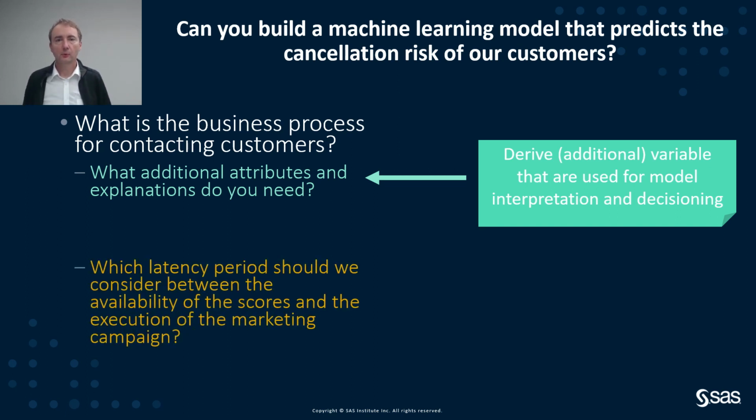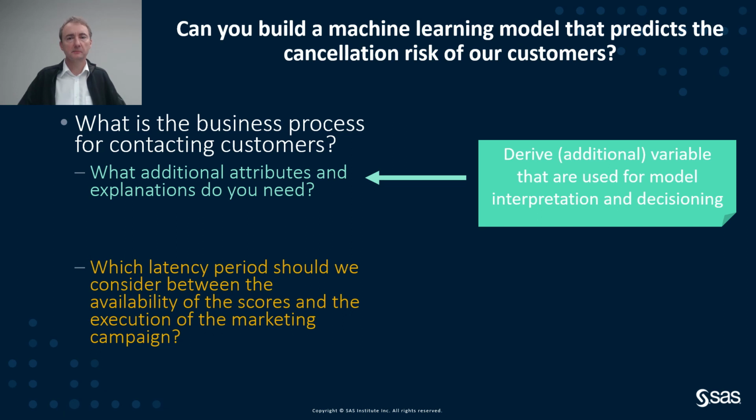And another very important discussion is what is the latency period that should be considered between the end of data collection, of looking into the data, and the time window which is used to collect the outcome events. Is this something which can be done immediately, or is there a latency window which needs to be observed because it takes quite some time to set up the campaign, to run the retention campaigns, to contact the customer?